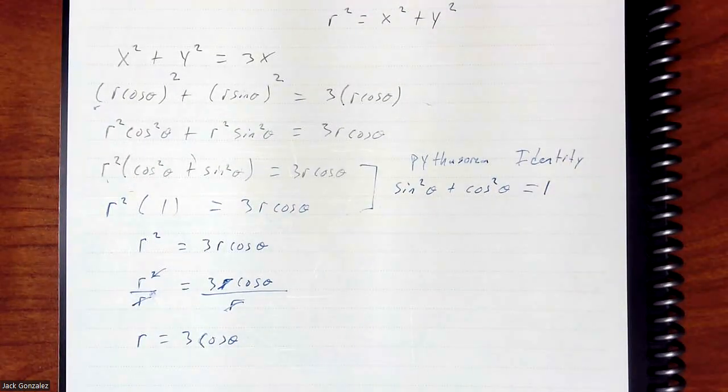Okay. Let's do another one, a harder one. So we'll be going from polar to rectangular, the other direction.